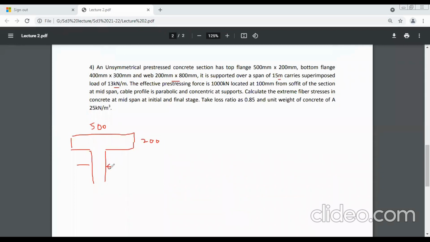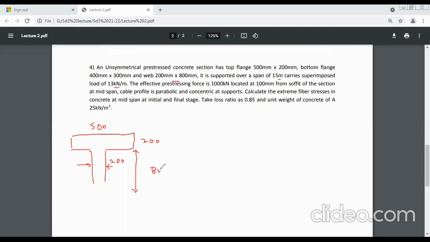So the width is 200 mm, and the depth of this web is given as 800 mm. So the depth of this beam is 800 mm.